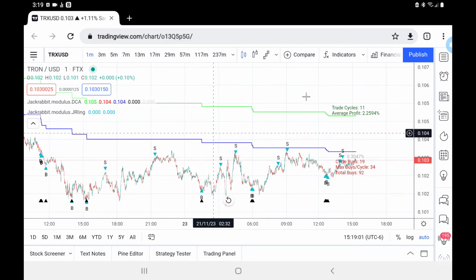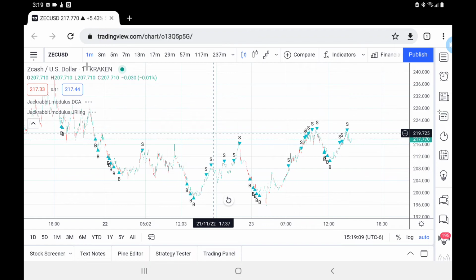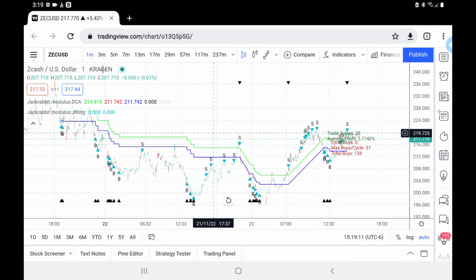So in this case, Renko is not a benefit, at least not on TRX. But let's be honest, TRX isn't exactly a benefit for a coin anyway.